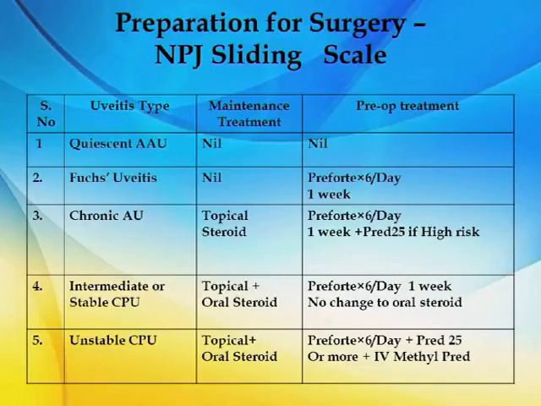For them, you need not change the dosage of oral steroids, but whatever immunosuppressive medication they are on, it's better to put them on Predforte 6 times a day for 1 week before taking up for surgery. If it is unstable chronic posterior uveitis, topical plus oral steroid the patient is already taking, but for them, they might require IV methylprednisolone.